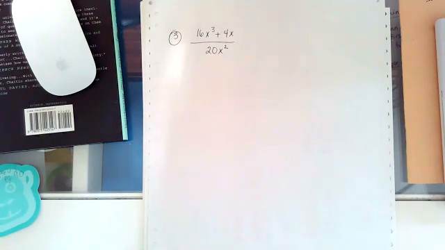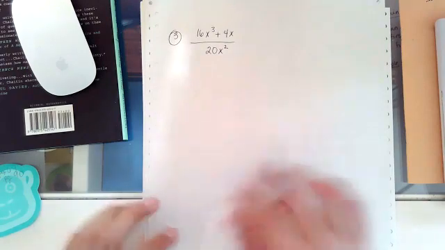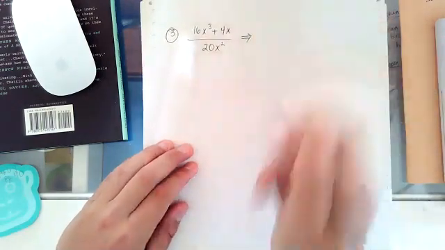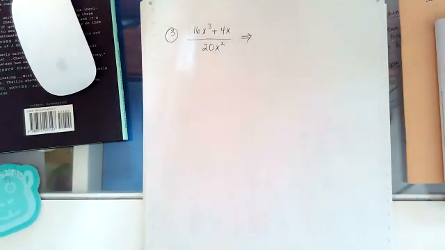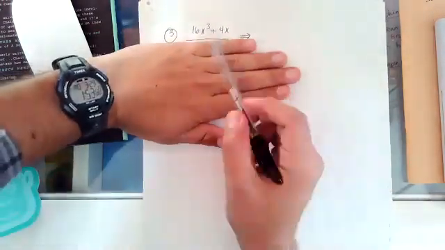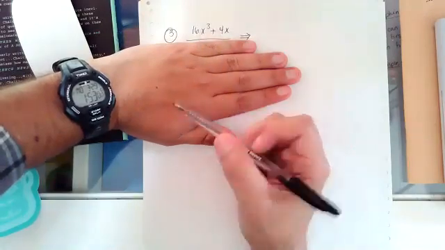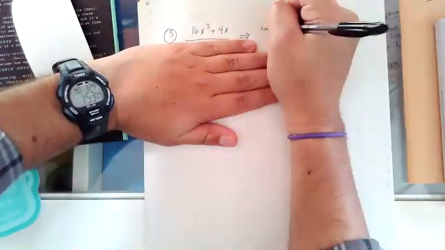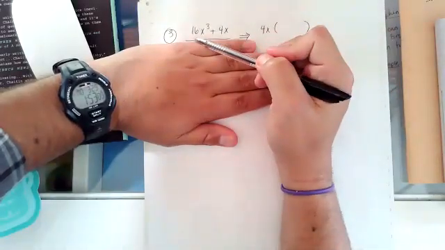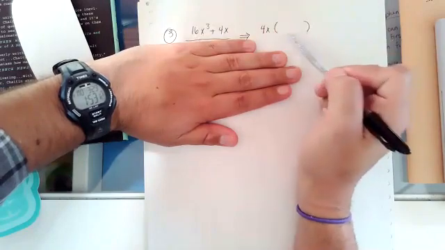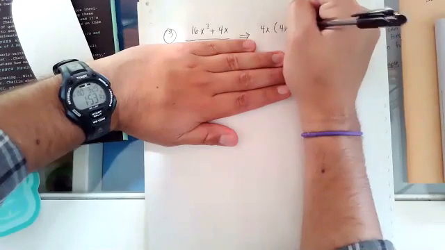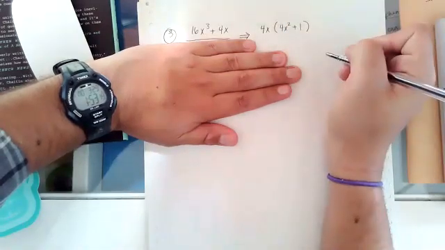So can anybody factor the top, the numerator of this fraction? What is the greatest common factor? If we just ignore the denominator, what would the greatest common factor here be? 4x. Yeah, 4x. And so we'd have to multiply that by something. What would go inside the parentheses? 4x squared plus 1. 4x squared plus 1. Perfect.